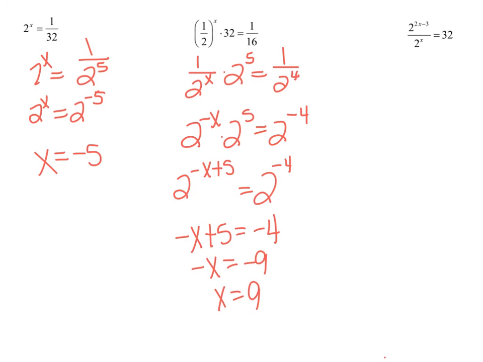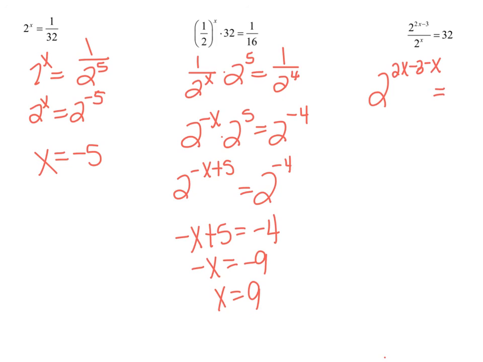All right, let's keep simplifying this third one. If you guys actually, why don't you pause it, try to do this third one. If you need help, you can play the video, but try to do this on your own first. Okay, so on this third one, what do we do when things are being divided? What do we do with those exponents? If you said subtract them, you are right. So we're actually going to have 2, keep the base the same, subtract the exponents.